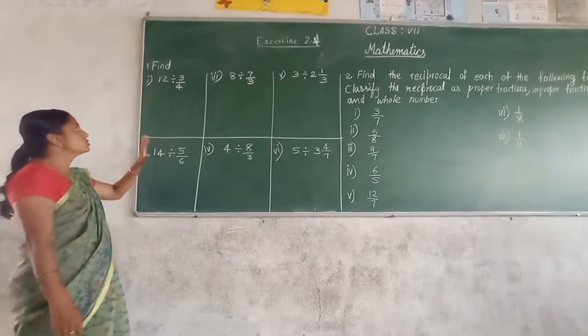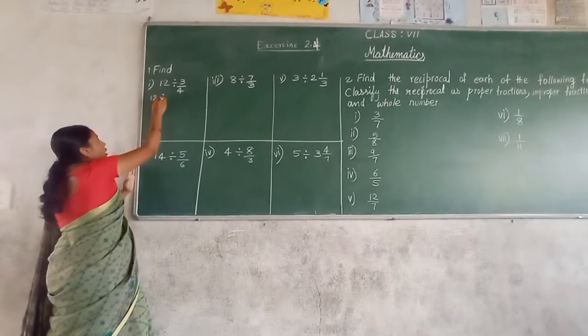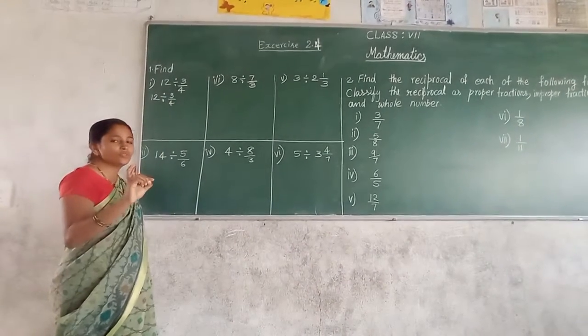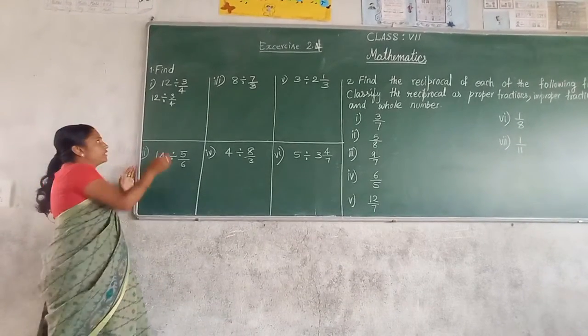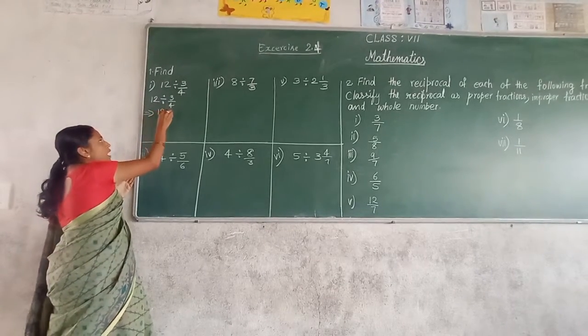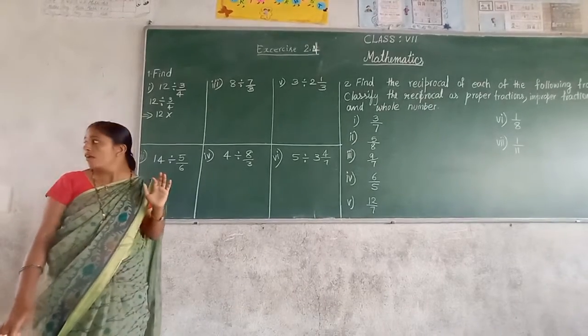Let us concentrate on the division symbol. First you take down 12 divided by 3 upon 4. This division symbol you have to replace with the multiplication symbol. How can you replace it? By writing the reciprocal of the fraction.